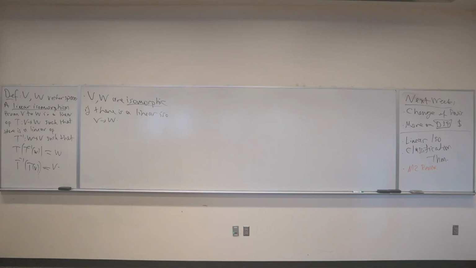For finite dimensional vector spaces, we have this wonderful classification theorem. And it says that this integer, that is the dimension, is the only invariant that you need for isomorphism.